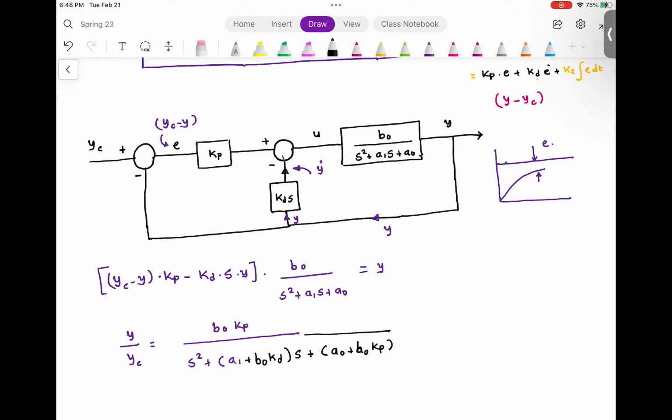So if you increase the value of KD, then the damping will change. If you increase the value of KP, then the natural frequency changes, like you are changing the spring. So KP is like changing the spring and KD is like changing the damper. Everyone understood this?